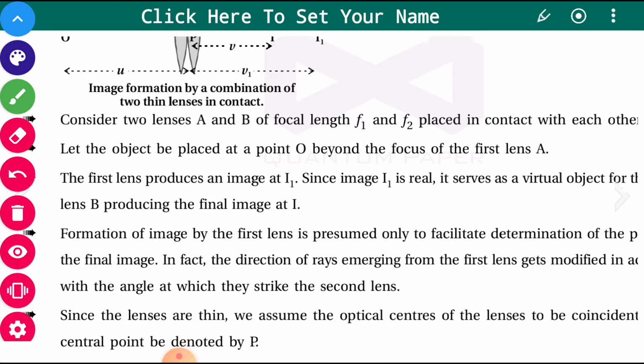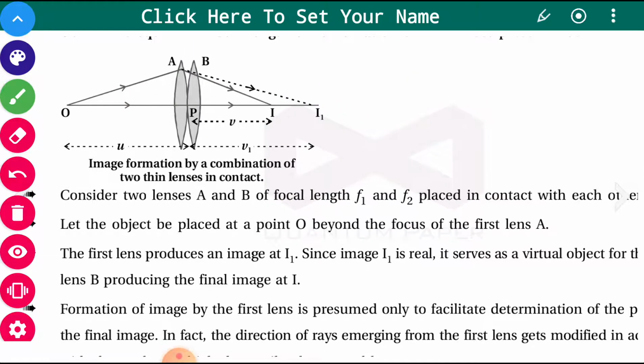Now we consider that the object placed at O is at distance u from the first lens. The image produced by the first lens is at I1, so the image distance is v1.